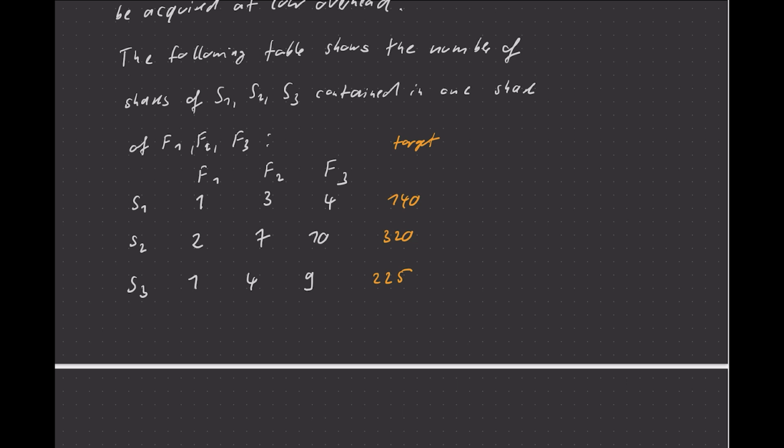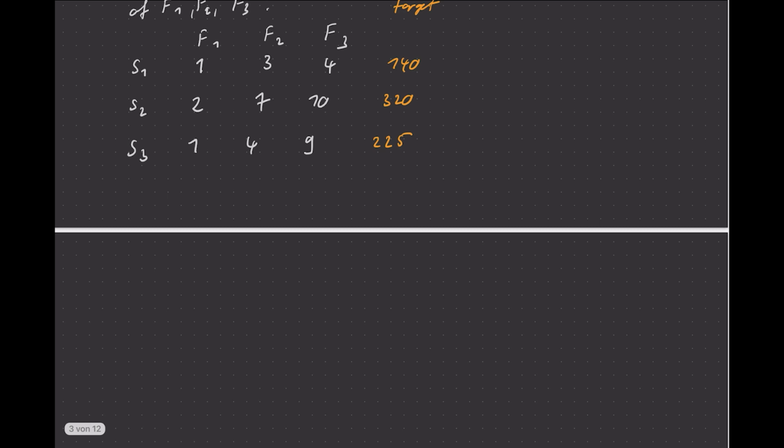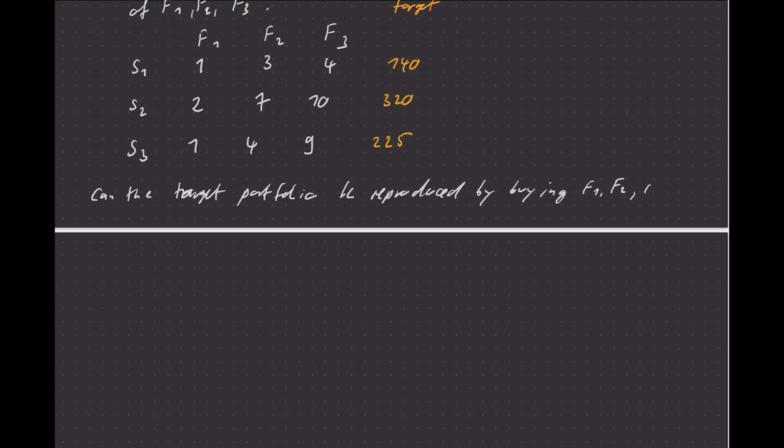So the question is, can that target portfolio be reproduced by buying F1, F2, and/or F3? And if so, of course, we also would like to know how many shares of each one we should buy.